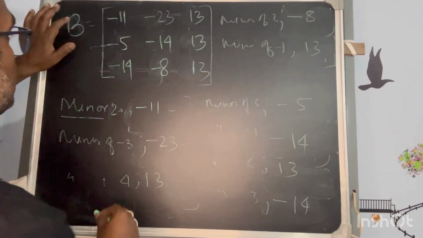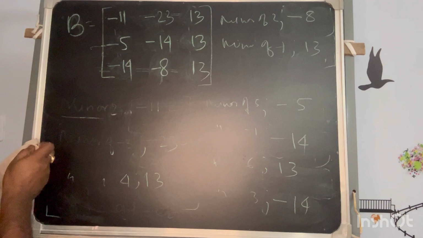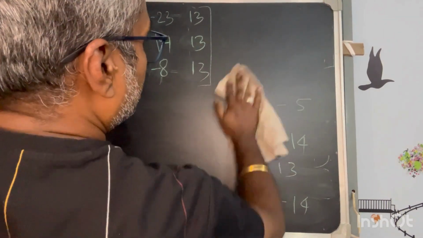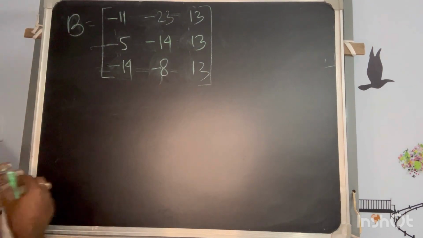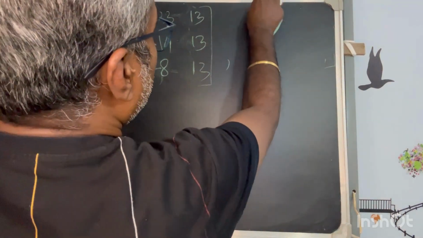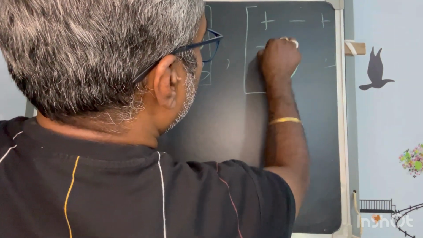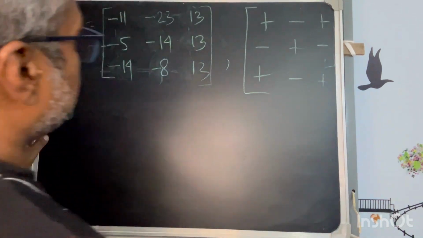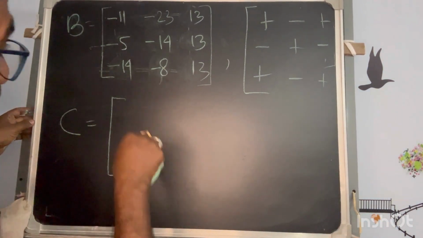So see, this is the matrix which is made from the minors of the respective elements. Now one more change needs to be made, where I will take the position signs as plus minus plus, minus plus minus, plus minus plus. So this was the sign. Now combining these two, I will get another matrix.